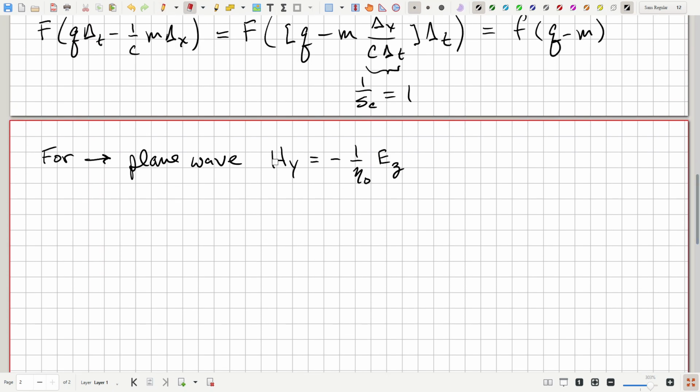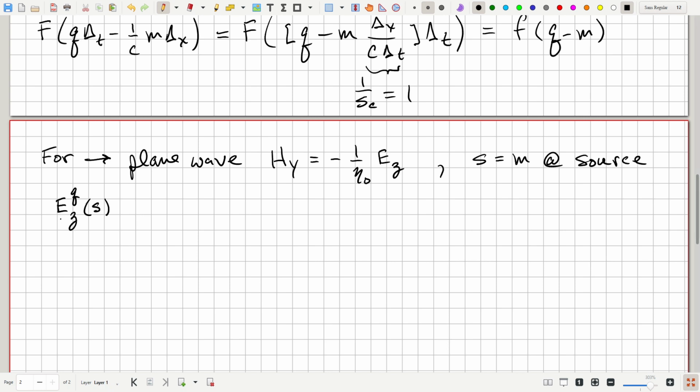Okay, and the magnetic field for rightward propagation has a negative algebraic sign relative to the E_z. So here's what we can do. Our E_z at time step q in spatial position s, this is going to be our source, but s equal to the m value at the source, where we're going to add the source in.